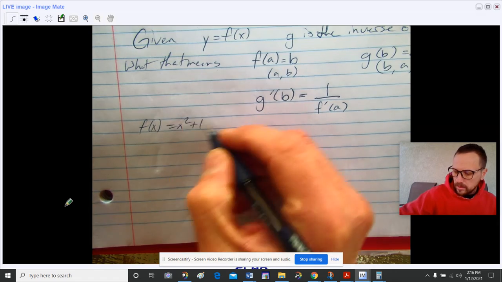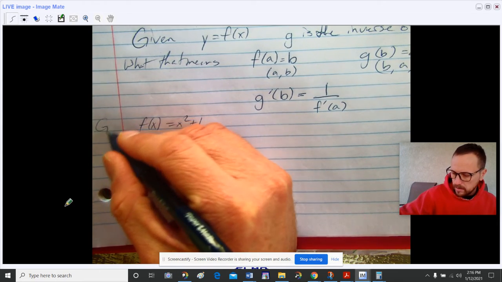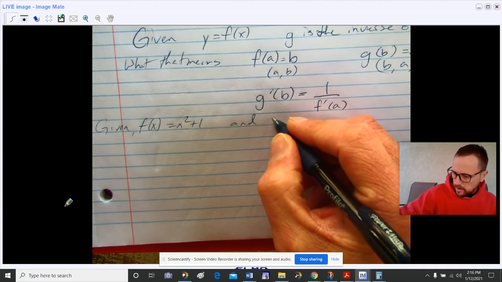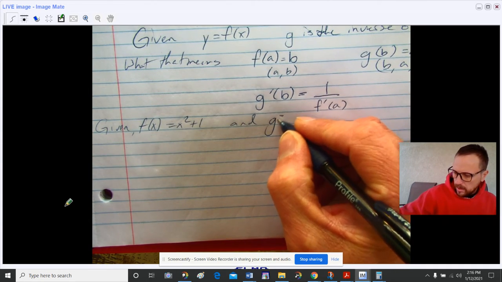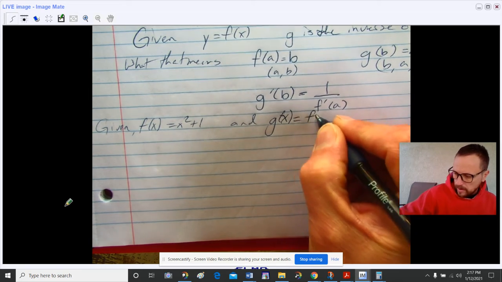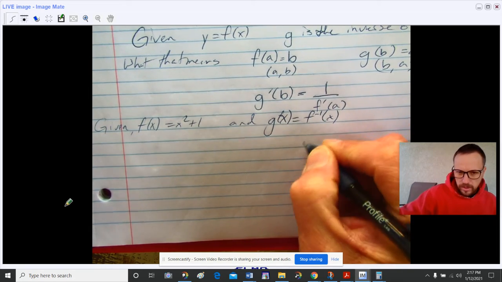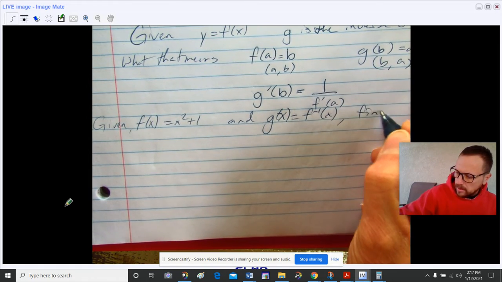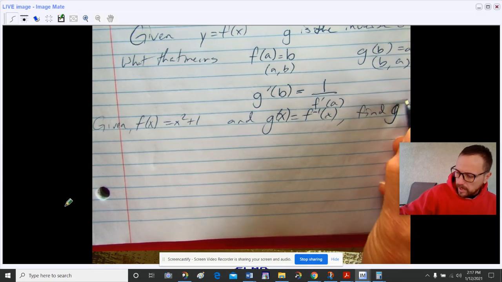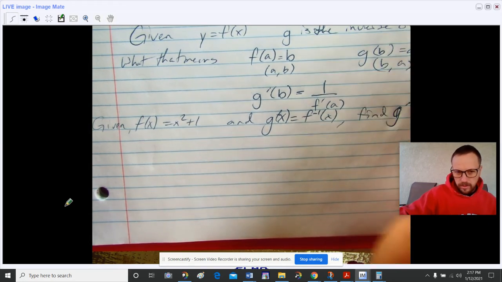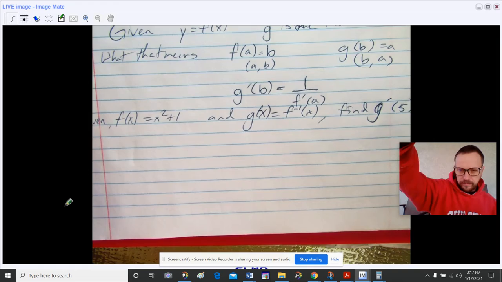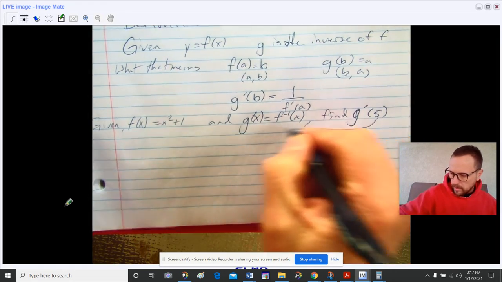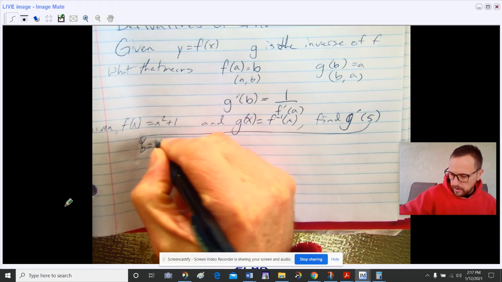You're given f of x equals that, and g of x equals f inverse of x, so g is an inverse function of f. Find g prime of 5. So here's the process. First, we say b equals 5.